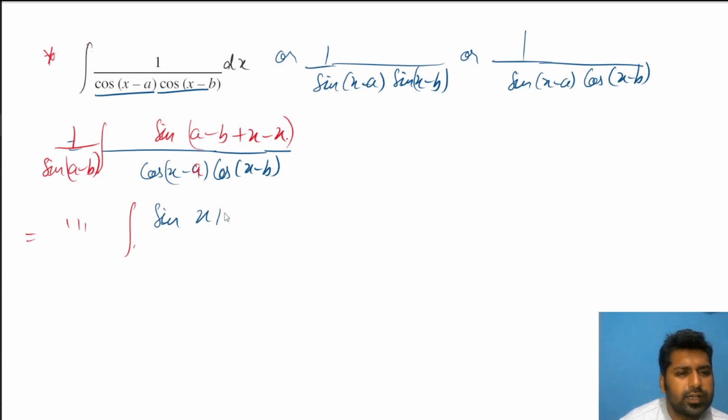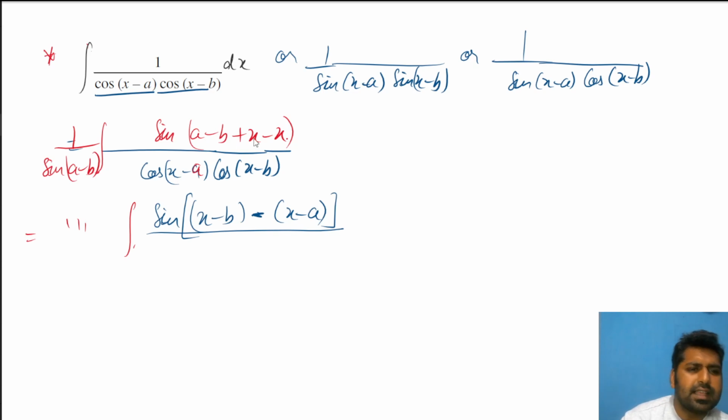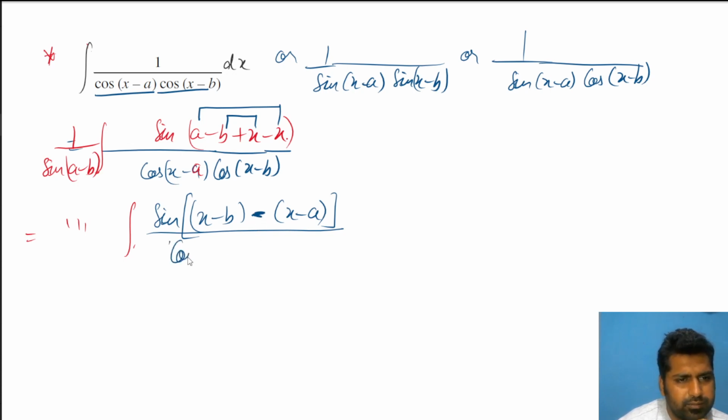So try to generate the same thing. x minus b is there, so let's write x minus b first, and minus x plus a is there, so take negative out of it. That makes it x minus a. Open the bracket and see if we still have the same thing. What I've done is I've combined this x with this, I've combined this x with this, and then slightly readjusted by taking negative common. So far with me?